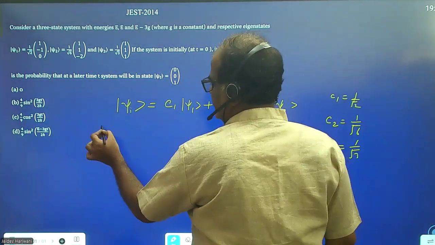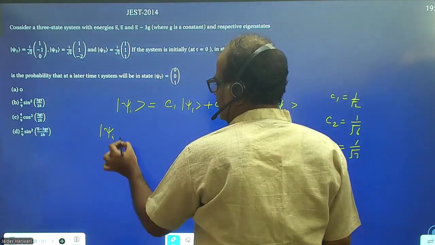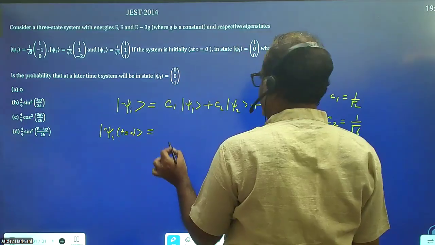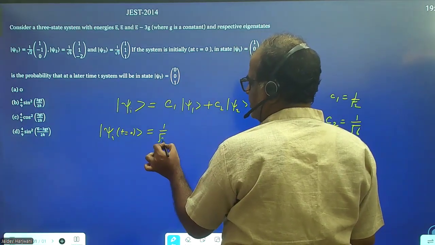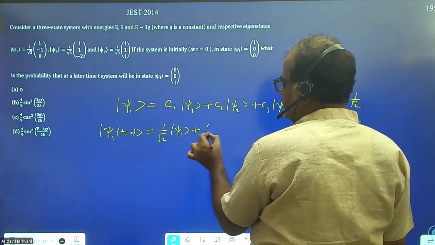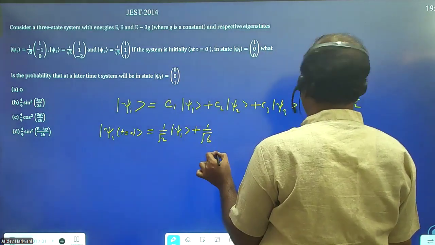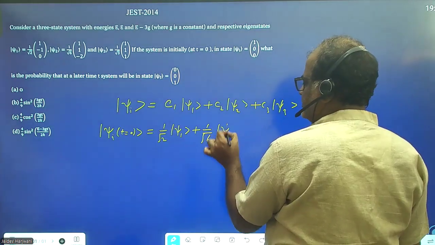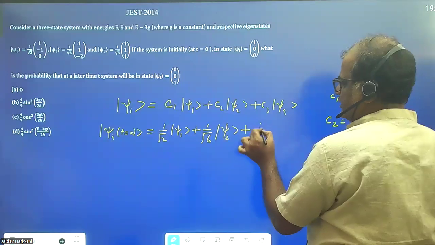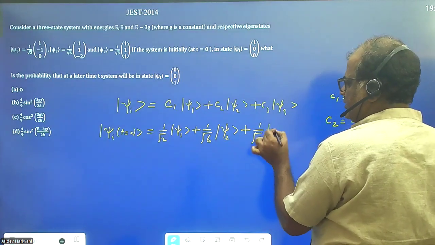I'll say this is the t is equal to 0 state. C1 is 1 by root 2, psi 1, 1 by root 6, psi 2, and then you have 1 by root 3, psi 3.